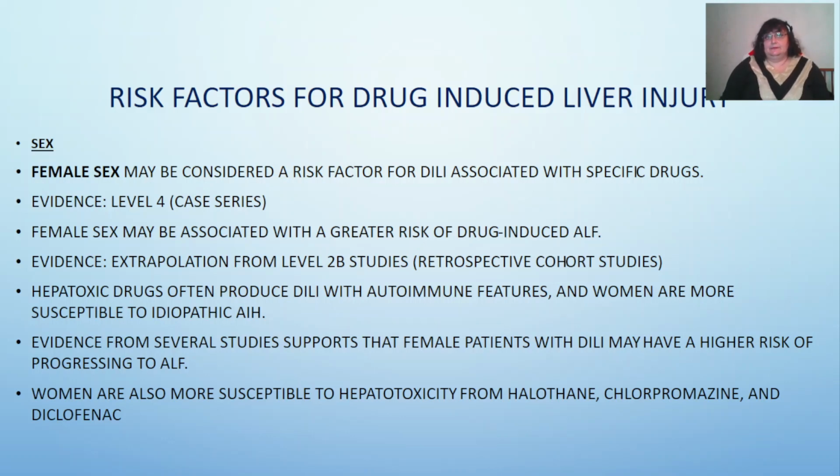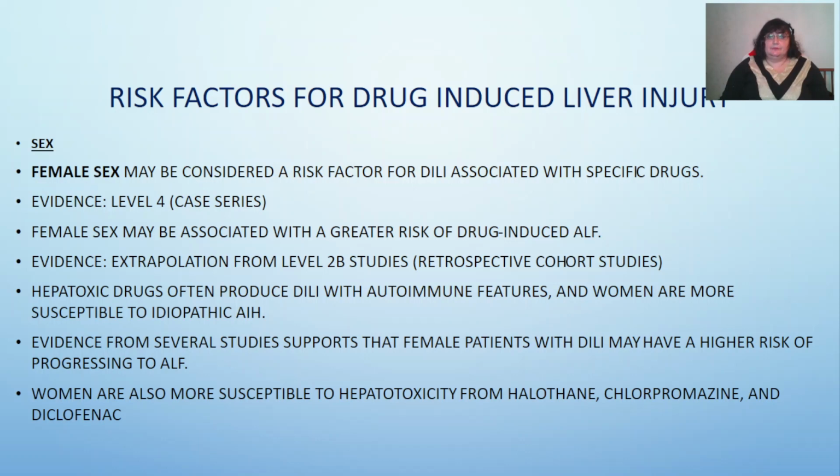Sex. Female sex may be considered a risk factor for DILI associated with specific drugs. Evidence level 4, case series: female sex may be associated with a greater risk of drug-induced injury. Evidence extrapolation from level 2B studies, retrospective cohort studies.